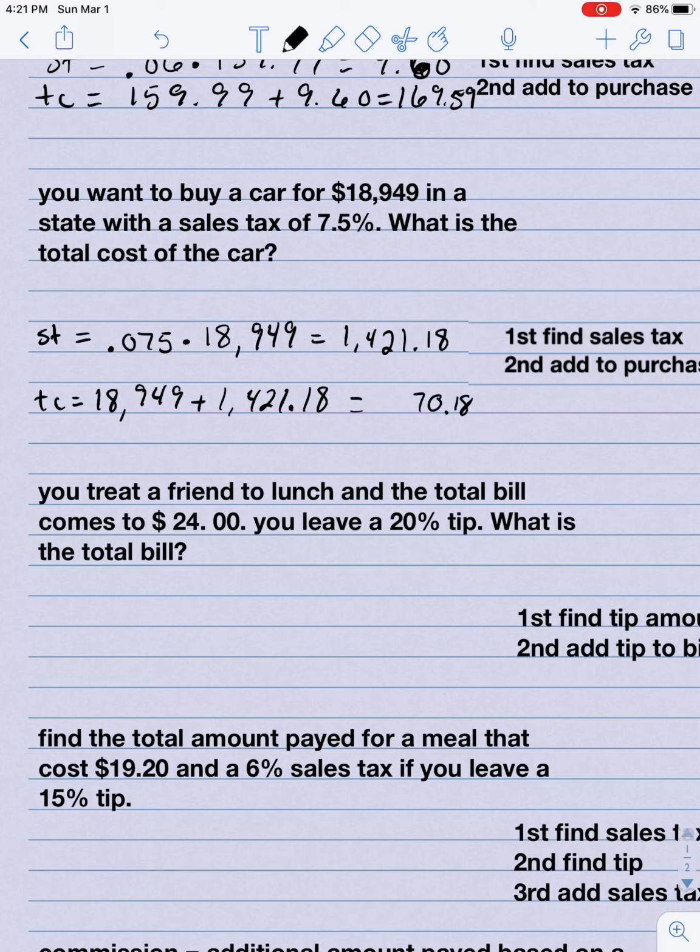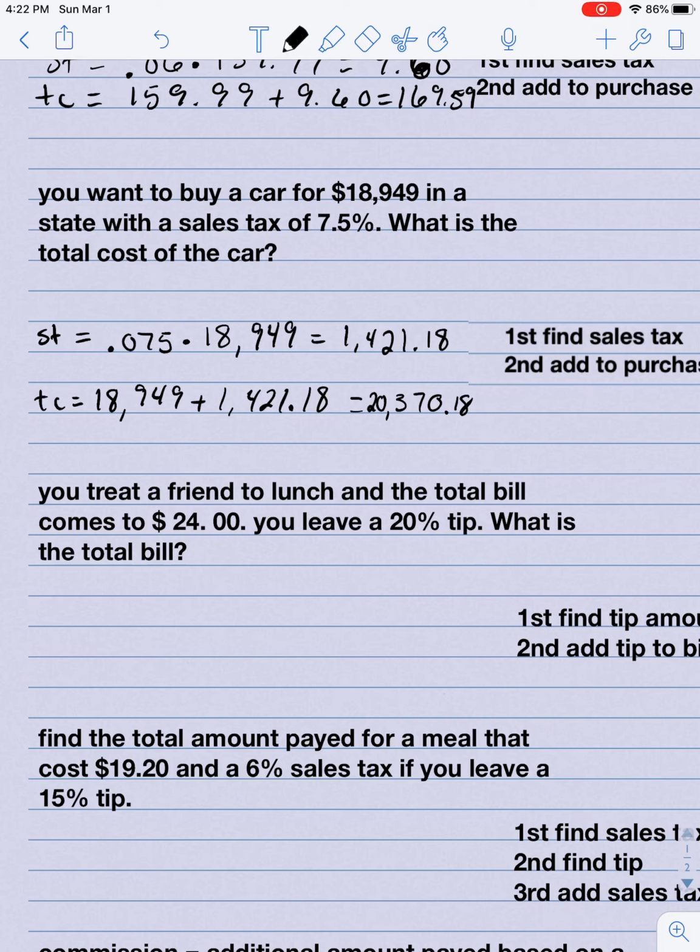And then 4 plus 9 is going to be 13. Carry the 1. And that's going to be $19,370. Nope. I forgot that there is a 1 up there that has to get added to the 8. So that's going to be $20,370.18.